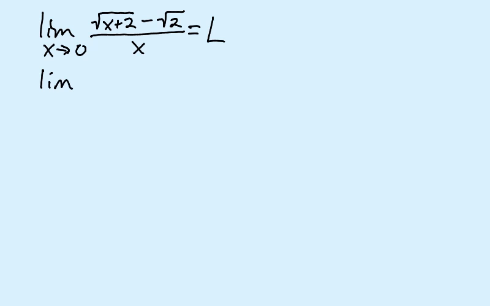Okay, now to practice rationalizing. This uses the idea of a difference of two squares in order to get rid of square roots or fractions or anything else we might want to cancel out. So since I have the square root of x plus 2 minus the square root of 2, I'm going to see if I can multiply this quotient type by the conjugate of that, which means plus instead of minus.